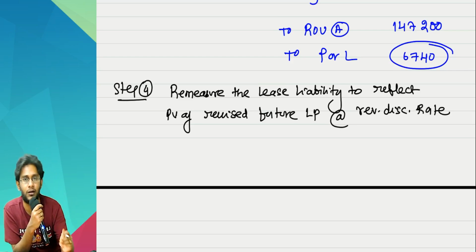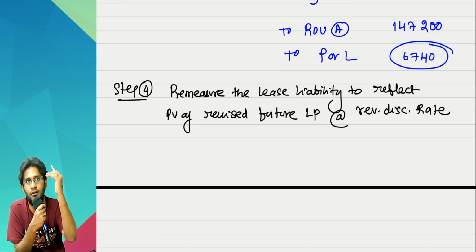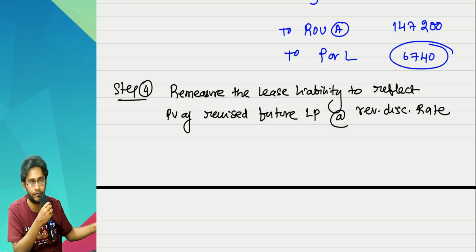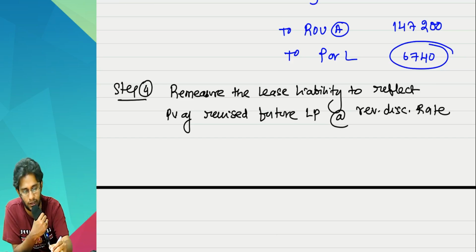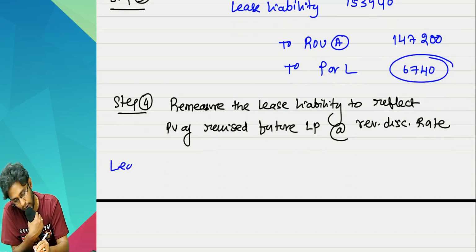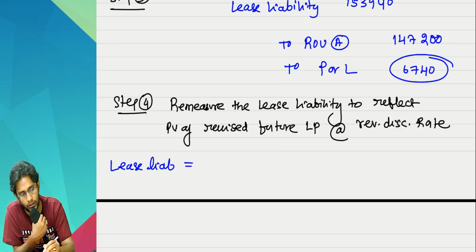But because of the treatment, as I showed you earlier, decrease in scope has step number 4. For other reasons the accounting treatment is the same. So you can club and do actually, but do it separately. You'll have better control there. So lease liability should be equal to, what is my revised lease payment? 1 lakh, not 150.